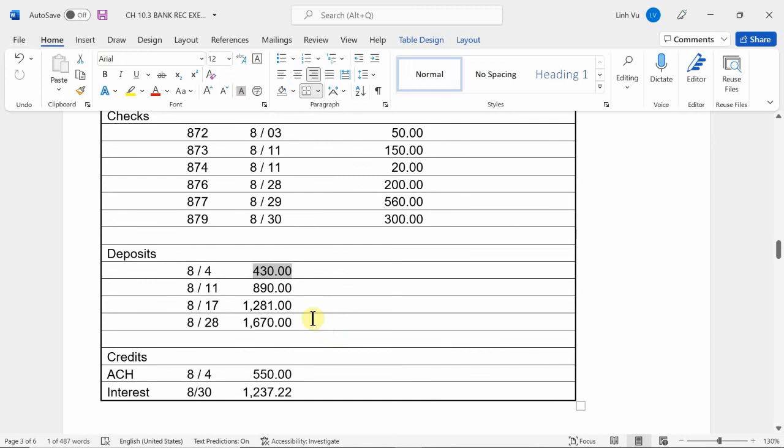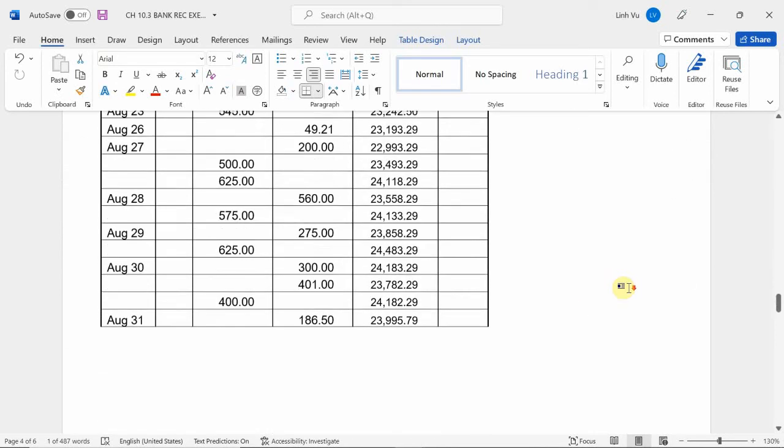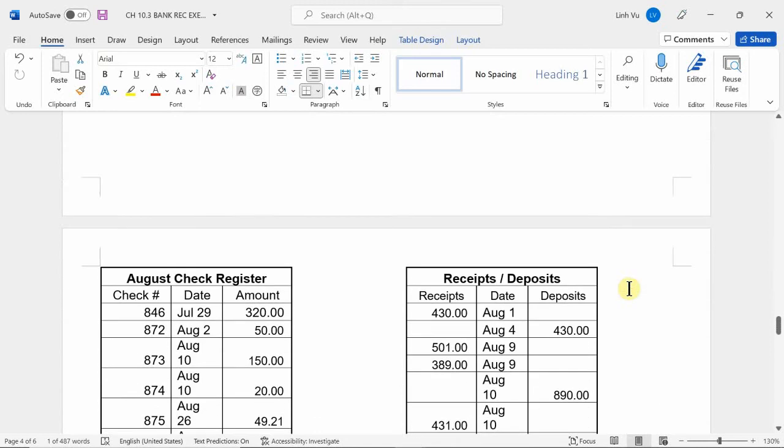So now we have August 3, August 11, 28, 29, 30. 1, 2, 3, 4, 5, 6. So 4, 11. Oh, where is the 3? What amount are you looking at?